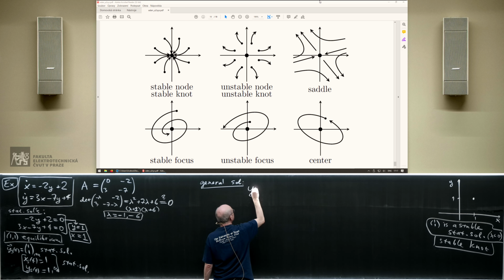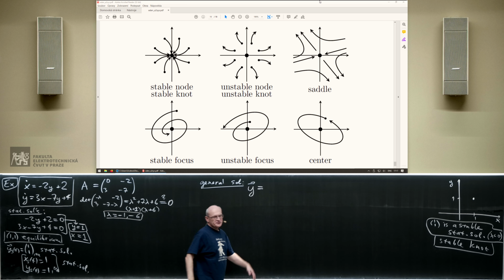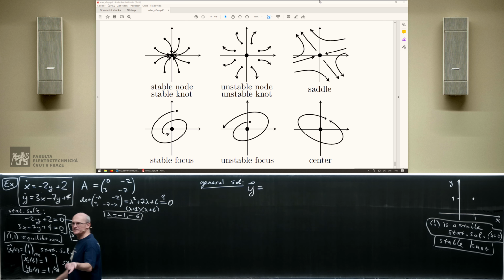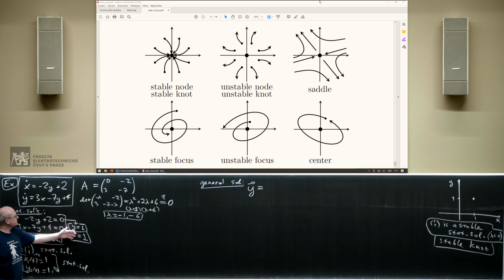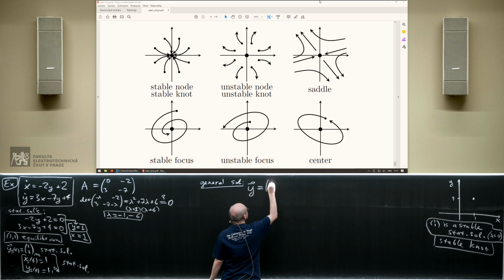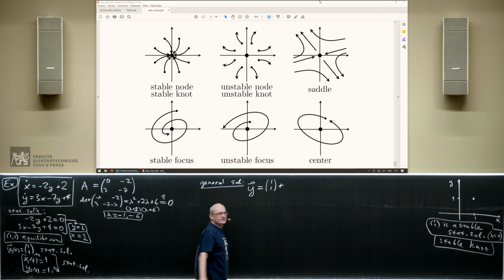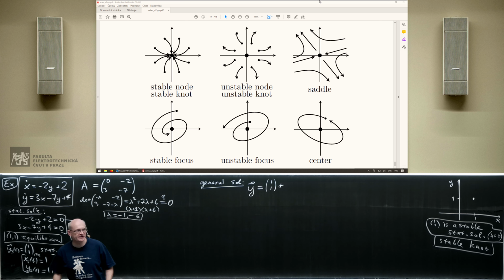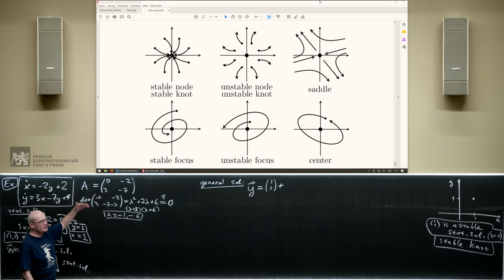Well, the general solution consists of two components, a particular solution and the general homogeneous part. Particular solution, where do we get it? Well, we already have it. This is a stationary solution, and therefore it is a solution. We can use it as y_p. Wonderful. Now we just need to figure out the solution of the associated homogeneous system.